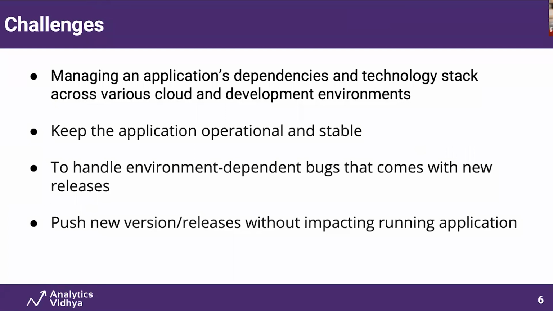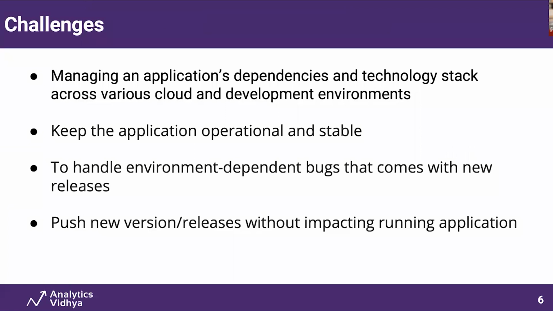Second is, you want to keep the application operational and stable, right? So the moment you are running it on Windows, and if there's a change in the running platform, let's say you are migrating, you want to have that consistency so that it runs on another platform also, right? And as soon as you change the environment for an application, certain bugs come in, if you have released a new version, because of a compatibility issue or configuration related issues, right?